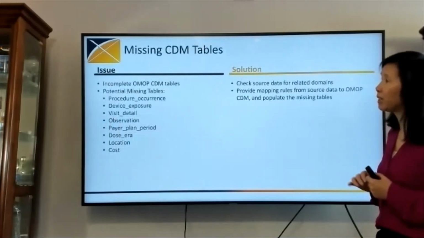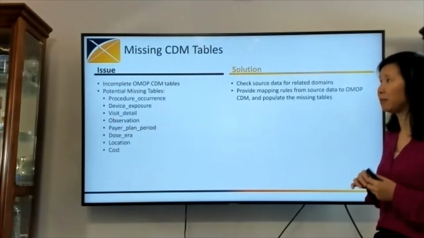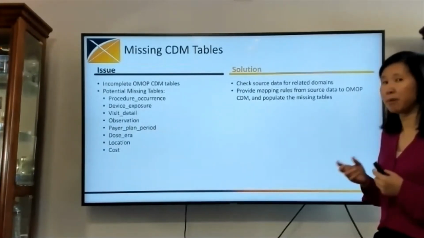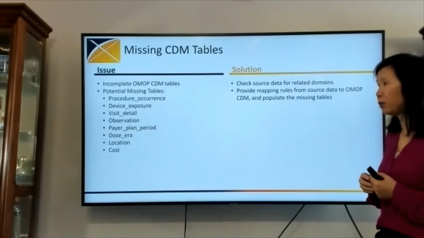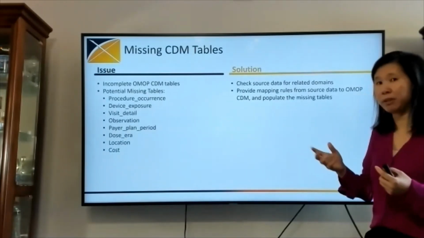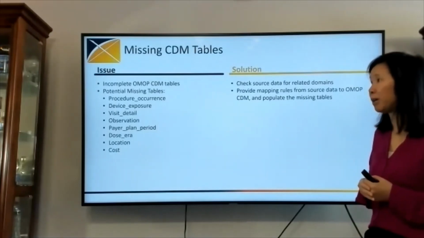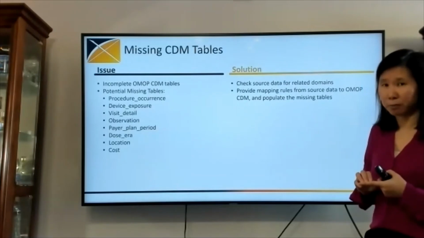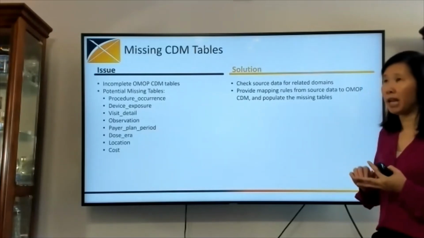The last one I'm going to cover here is missing CDM tables. Again, there are tables that typically can be missing. Some folks don't think they have cost information, so they don't populate it. You don't have to, but if you do have cost information, you should populate it. The ones that are typically missing are the observation period, the visit, and the era tables.